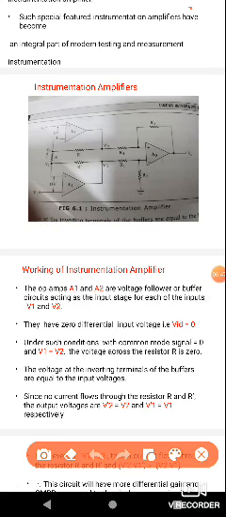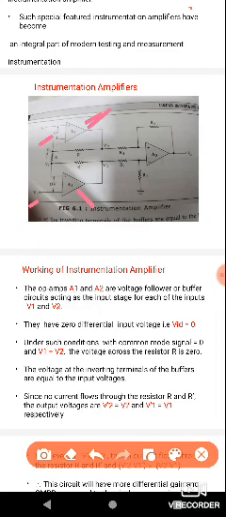V1 is connected to the A2 op amp inverting input, and V2 is connected to the A1 op amp non-inverting input. So A1 and A2 are also called voltage followers or buffer amplifiers.